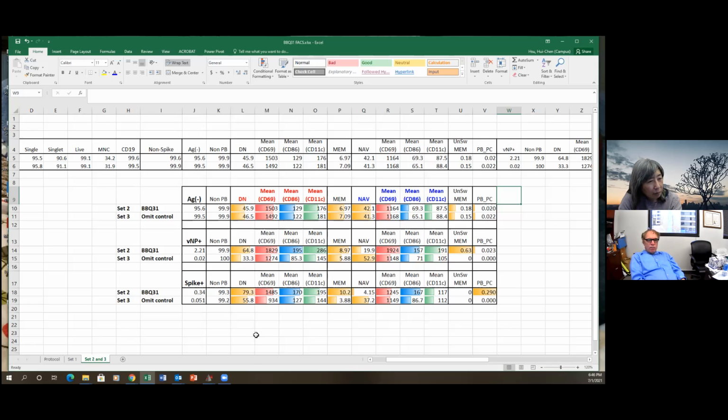I guess we could look at that, because just like we do with the spike, these guys are pulsed with the receptor binding domain. Oh wait a minute, we're studying the vaccine. The vaccine doesn't have that, but it could be the infected convalescent.